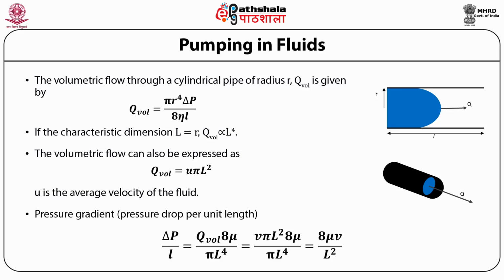Therefore, the scaling law for pressure gradient scales as L to the power minus 2. Thus, the pressure drop per unit length increases with the decrease in the tube radius, leading to a much larger surface to volume ratio of the flow compared to macroscopic systems.